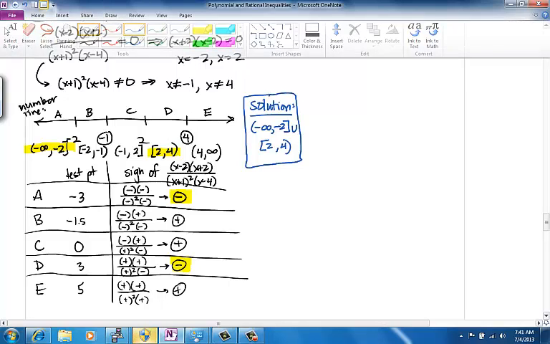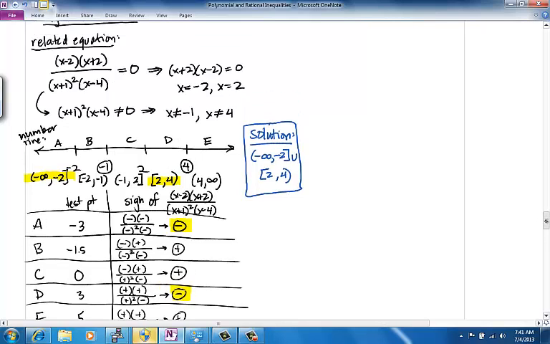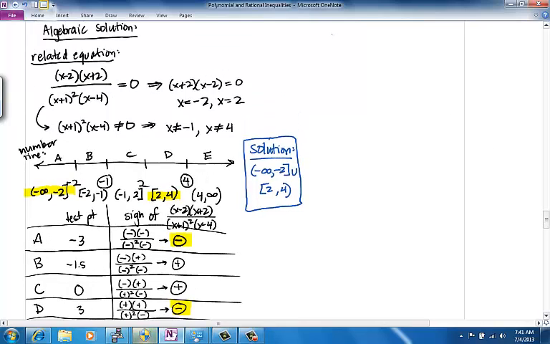And then finally, let's look at this graphically. We want to look at the graph of f of x equals x minus 2 times x plus 2 over x plus 1 squared times x minus 4.